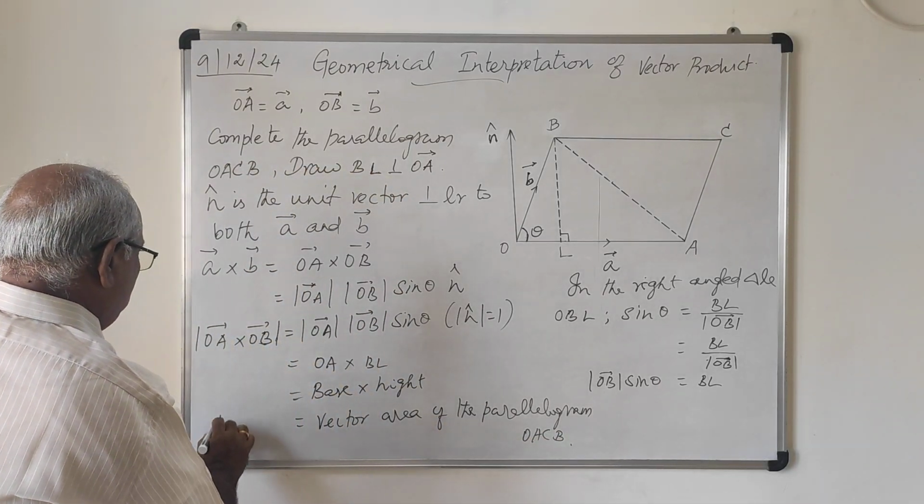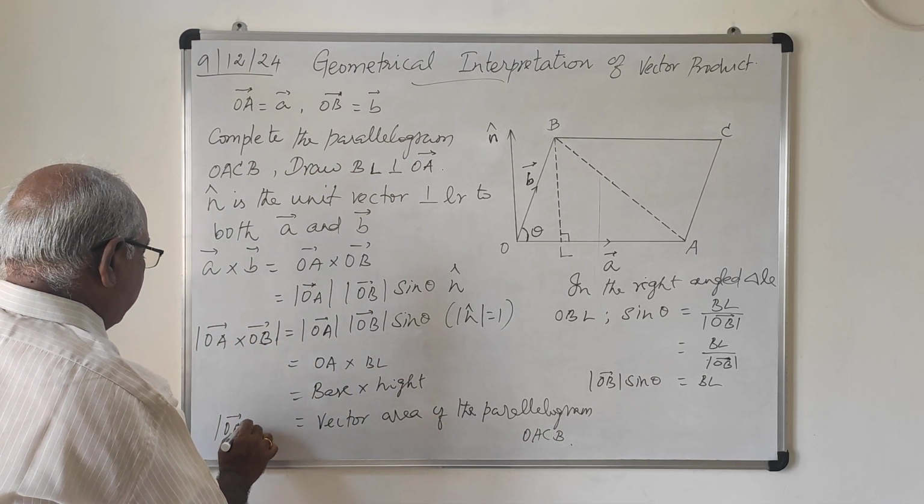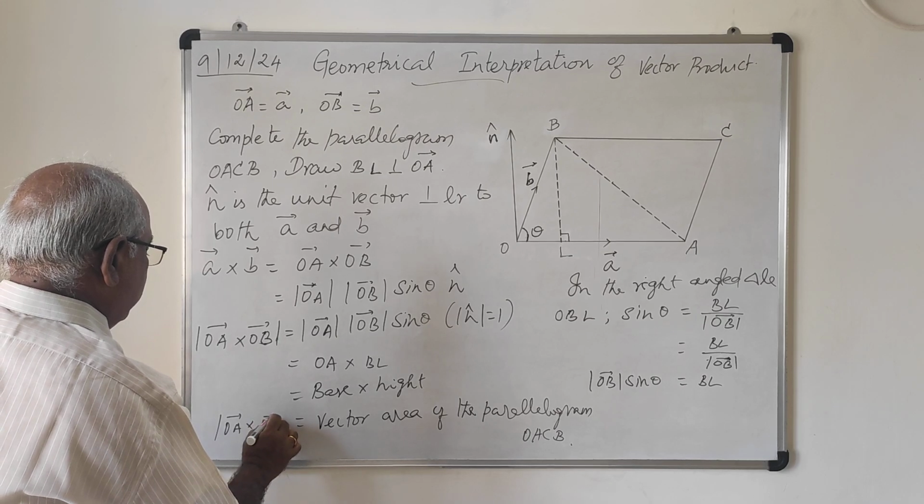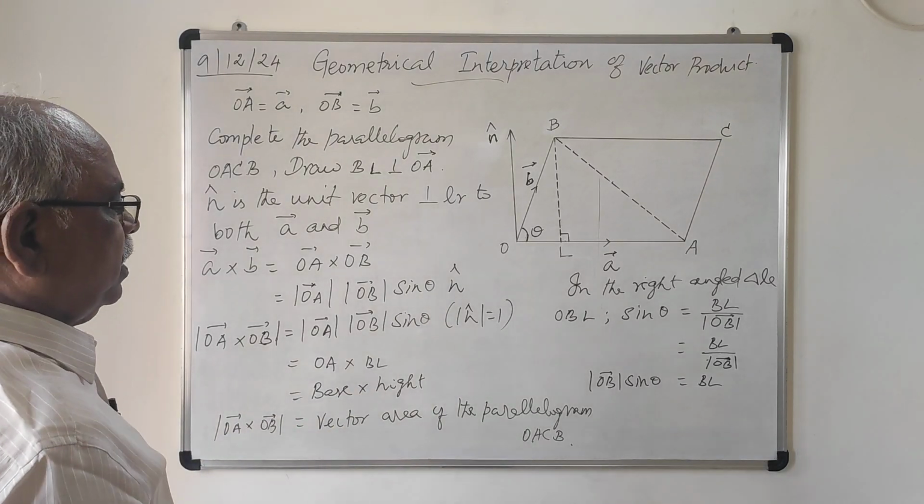So mod of OA cross mod of OB is the vector area of the parallelogram OACB.